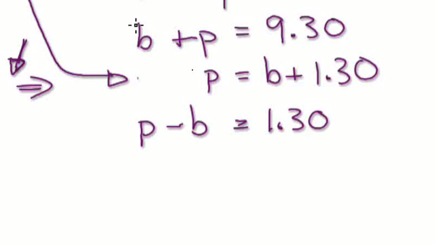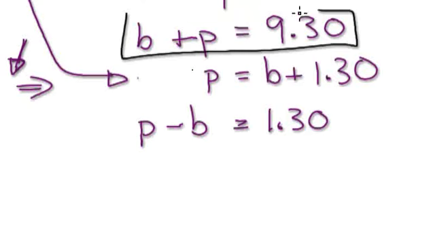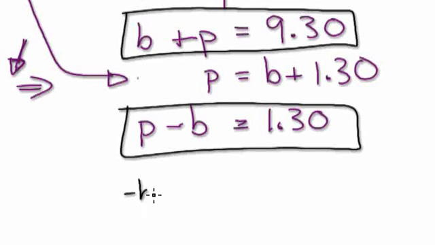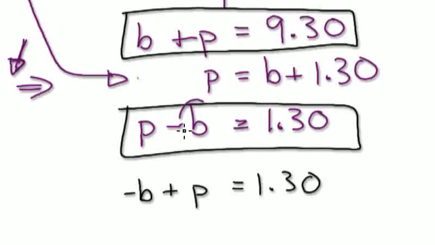Now just look at this bit and this bit. We could imagine this as minus B plus P equals 1.30. I'm just switching these two around.